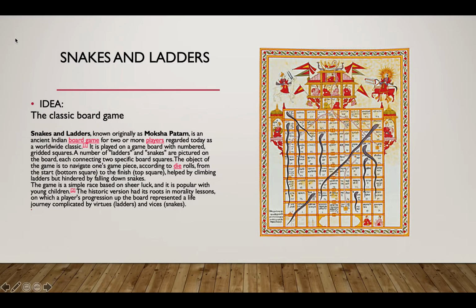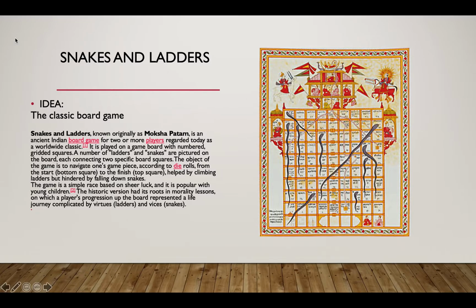So here's the classic game, Snakes and Ladders, and it's basically an old Indian board game called Moksha Patam, where you've got 2 or more players, and it's really just your basic race game where you go up along through these boxes, according to the numbers on random dice rolls.